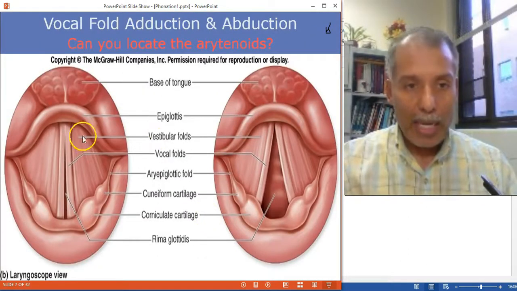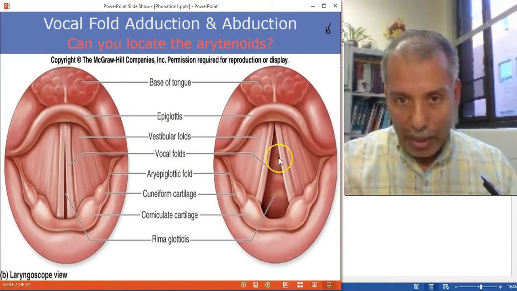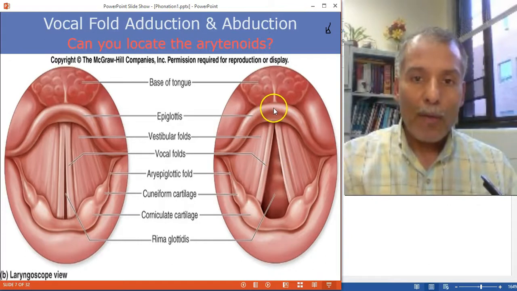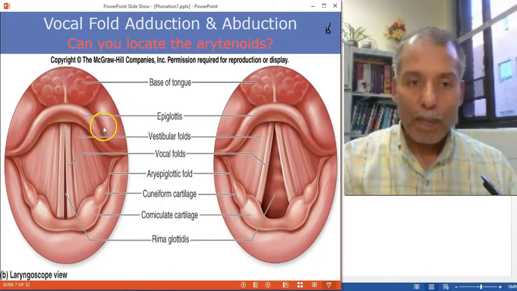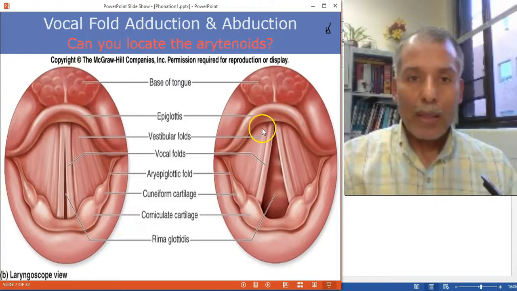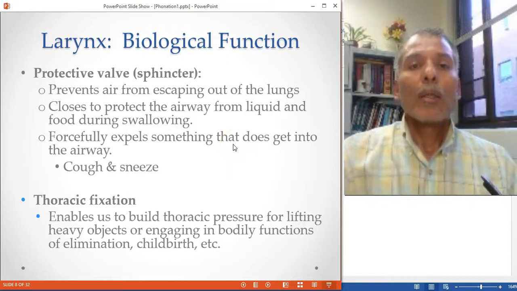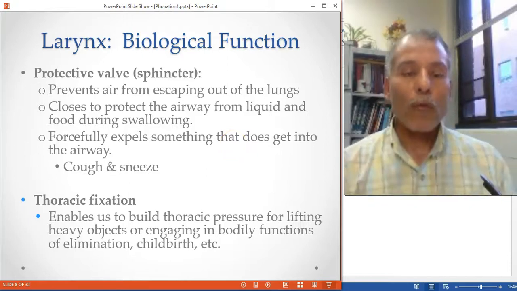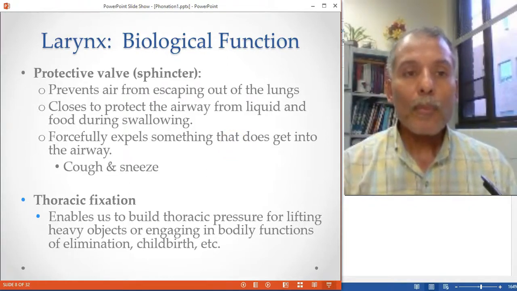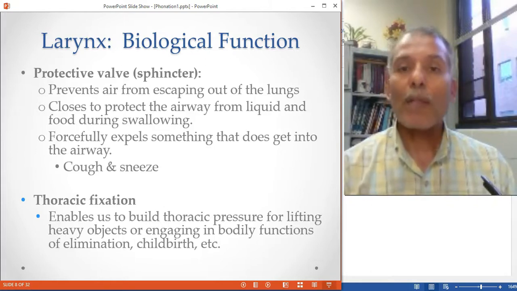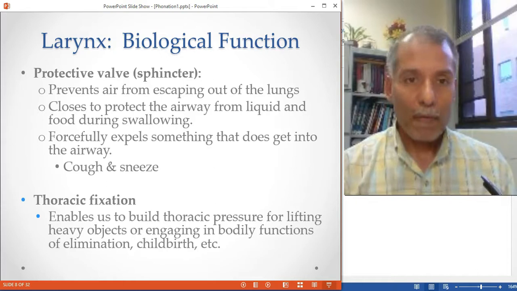And again, you can see now the vocal folds, and the space in between them is called the glottis, and the cover that covers the vocal folds to protect them is called the epiglottis. And then we will orient ourselves. So the function of the vocal folds, or the whole larynx itself, is that it serves as a valve.